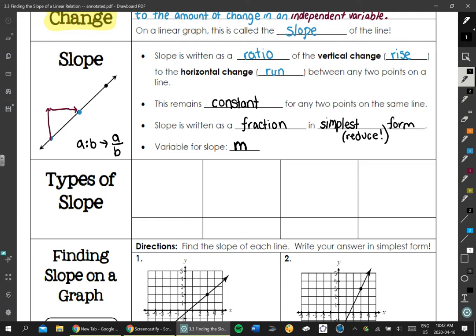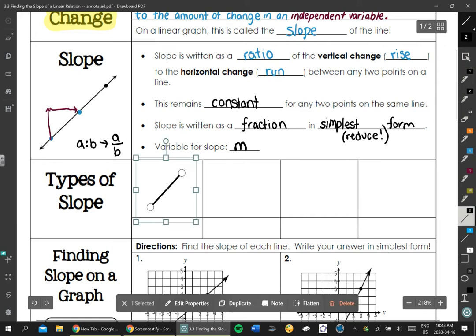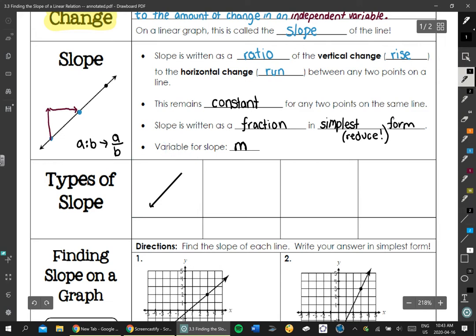There is a positive slope, which would be increasing. So this is a positive slope. Why? Because it's increasing as we go from left to right.